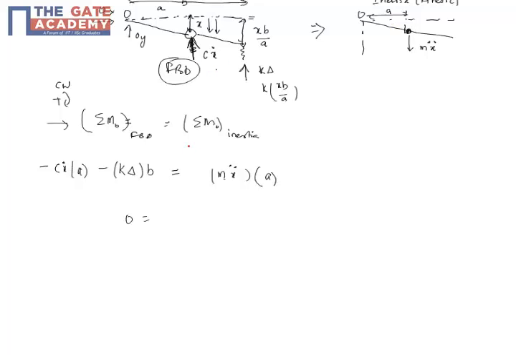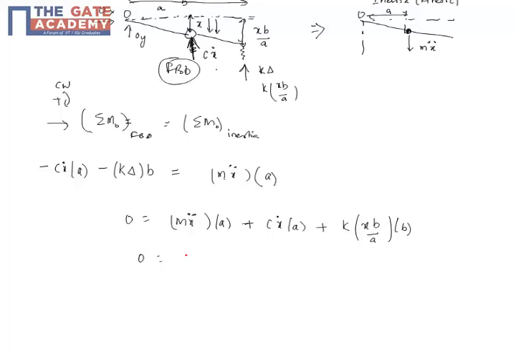Now you bring all the terms to the right side, so mx double dot into a, which is your moment arm, plus c h dot into a, plus k delta. Delta is h b by a, and ultimately we have to represent in b because b is the motion of mass m.